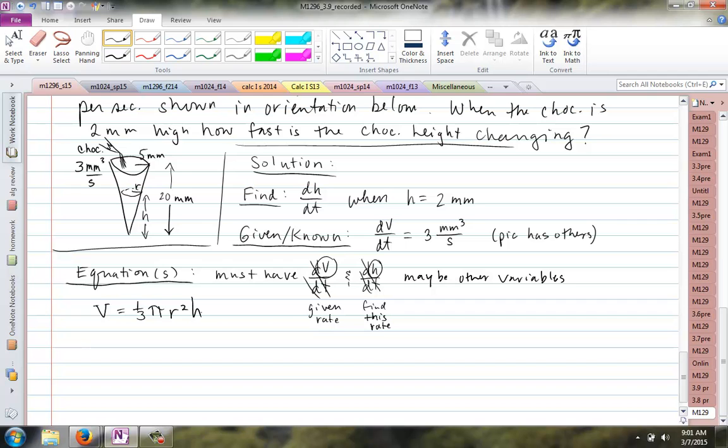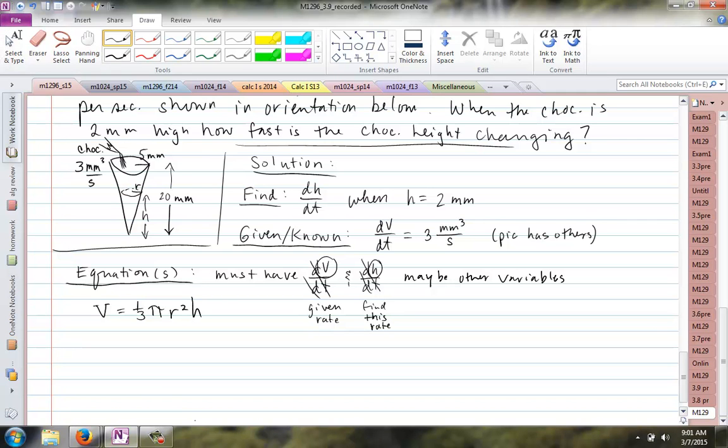When I take this derivative with respect to time, I would automatically get a rate for the volume, a rate for the r, and a rate for the h because they change with time. But I don't have a rate for the radius. I don't have a dr over dt. It's not given, and that's a problem because I won't be able to plug in that value. This is the time to think: is there some given information I haven't used?